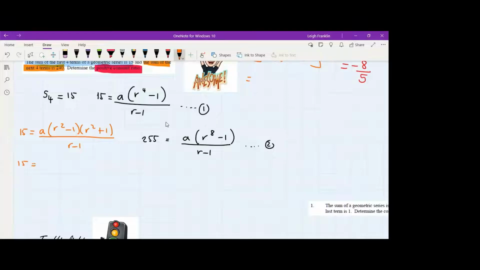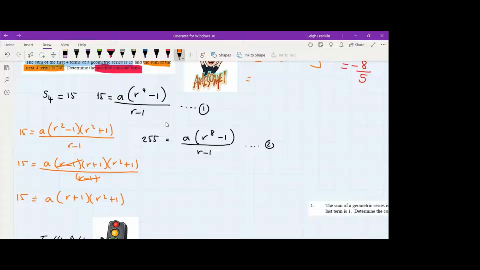Just want to see if factorizing a difference of two squares in this case is going to help us. (r minus 1)(r plus 1)(r squared plus 1), all over r minus 1. So that cancels with that. So in other words, we have 15 is equal to a times (r plus 1) times (r squared plus 1).